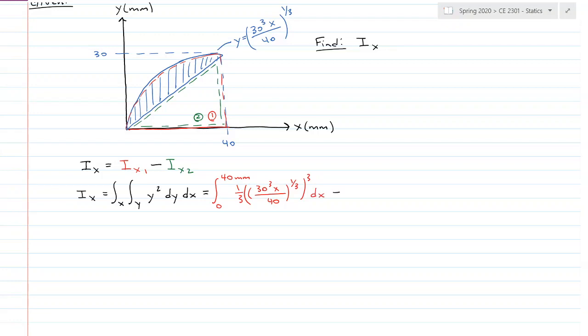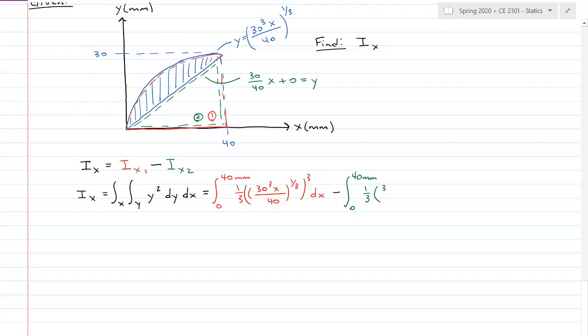minus the integral of 0 to 40 millimeters of 1/3. Okay, and this is just a straight line. So that is rise over run x, right? And the y-intercept is at 0. Nice y-intercept equation.